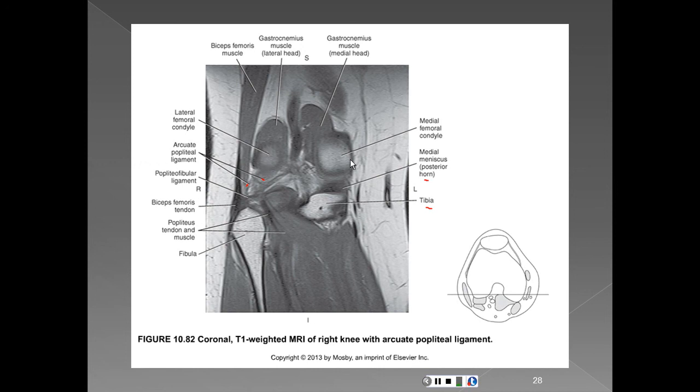You have the lateral femoral condyle, the medial femoral condyle. This is the head of the fibula, the popliteus tendon and muscle. The tendon is the dark part, the muscle is this part right there, and then it leads into the tendon.